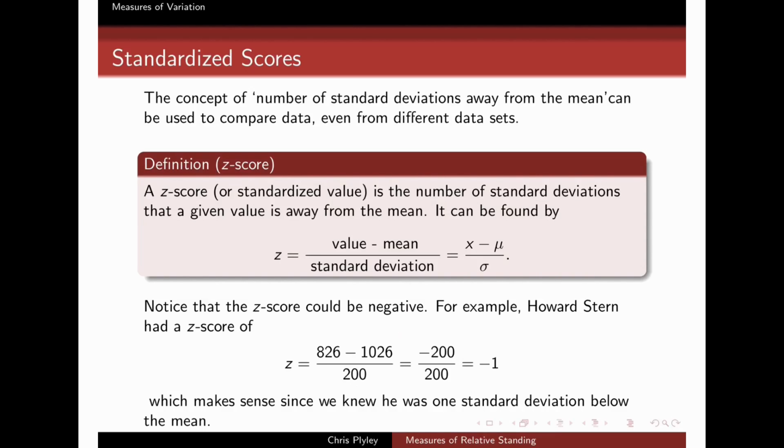I divide by the standard deviation, 200, and I get minus 1. The way I interpret this is more important than the number. This number means nothing if you don't understand what it means. What it means is that this score is exactly 1 standard deviation below, as indicated by the minus sign, average. And that was what we saw when we looked at Howard's SAT.